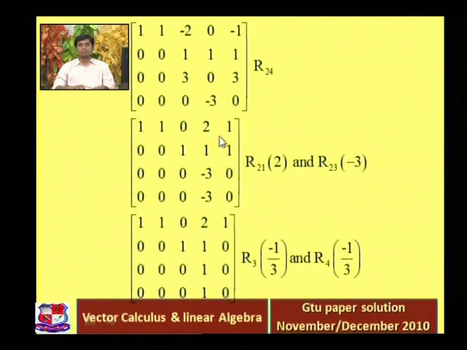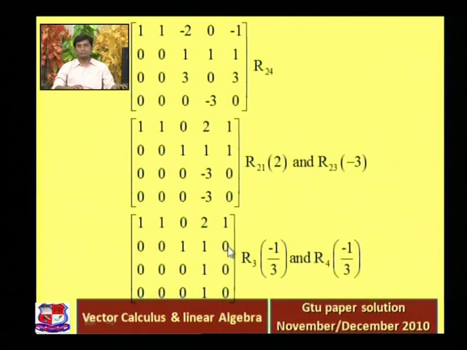Now the next process is, we are multiplying third row with minus 1 by 3 and multiplying fourth row with minus 1 by 3. So the third row becomes 0 0 0 1 0, and the fourth row is also 0 0 0 1 0. The first and second row are as it is, 1 1 0 2 0, 0 0 1 1 0.